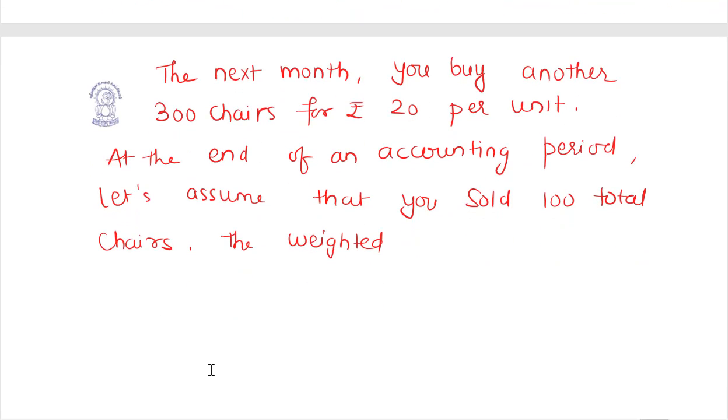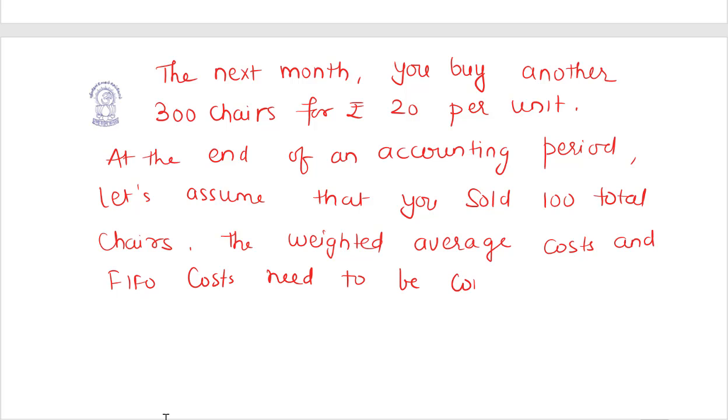The weighted average cost and FIFO cost need to be computed.